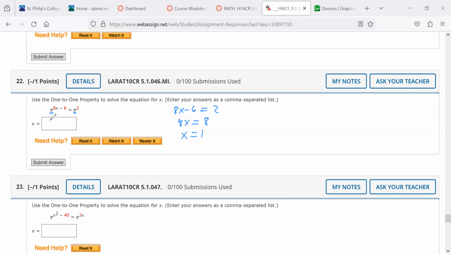There's one. Over here, same deal, except you're going to solve a quadratic. So you would just solve this.